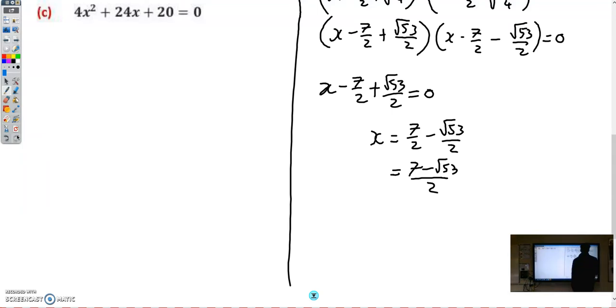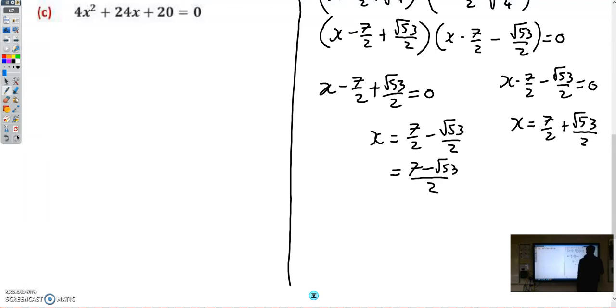That is your first solution. Your second solution, x minus 7 on 2 minus root 53 on 2 equals 0, becomes x equals 7 on 2 plus root 53 on 2, which is just x equals 7 plus root 53 all over 2.